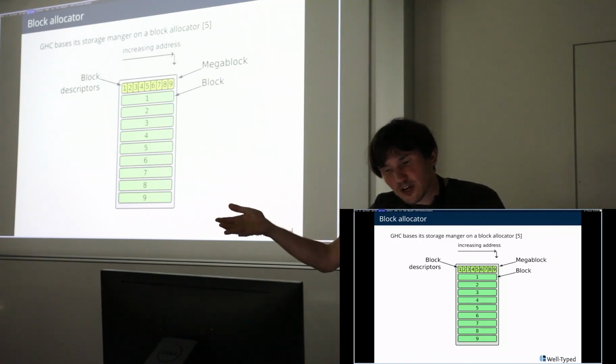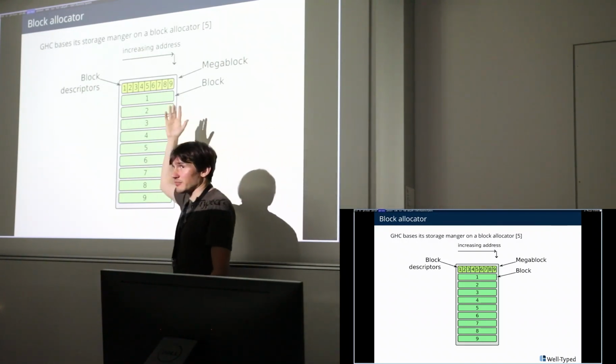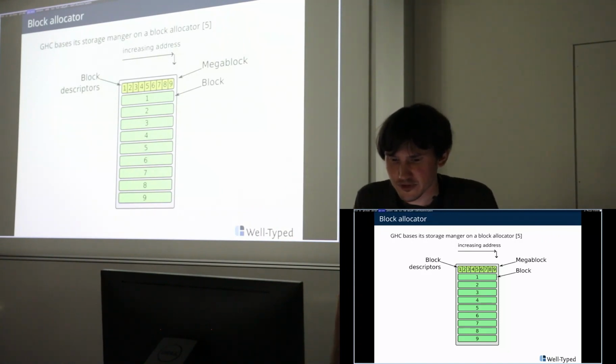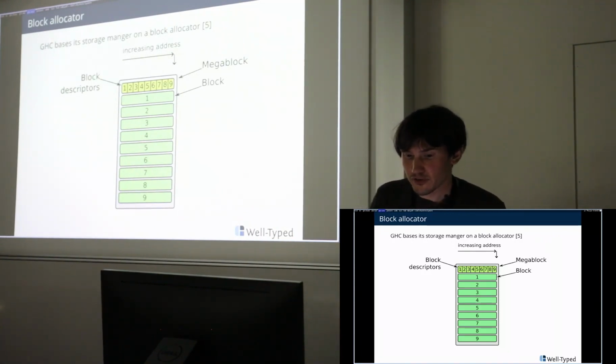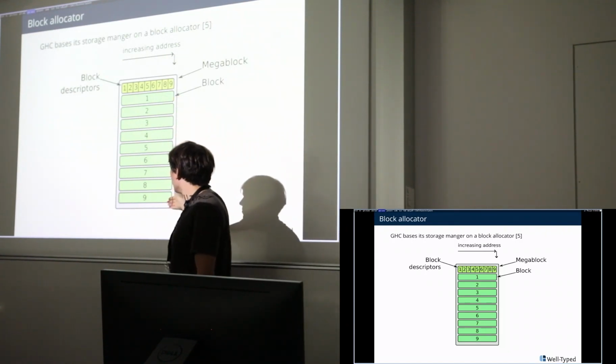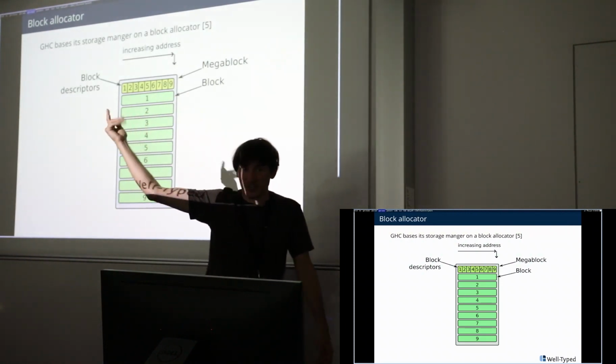We then split each mega block into a set of smaller blocks. These are typically of much smaller size, on the order of a page or 4 kilobytes on typical platforms. Moreover, both mega blocks and blocks are aligned to their respective sizes.